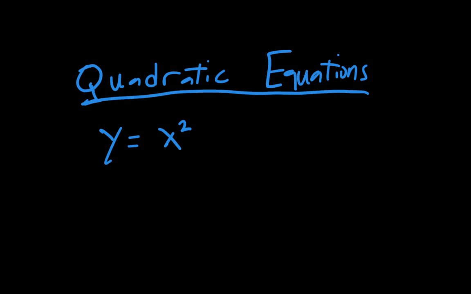It's a little bit slower because when you square terms that are less than 1, like 1/2, you get 1/4, which is less than 1/2. So it goes slower.